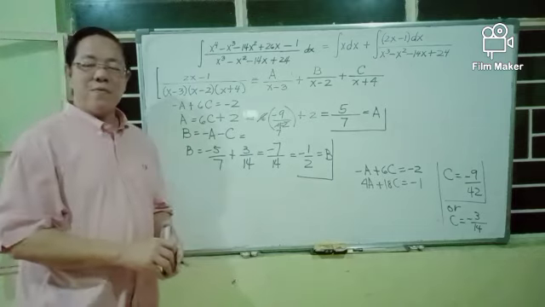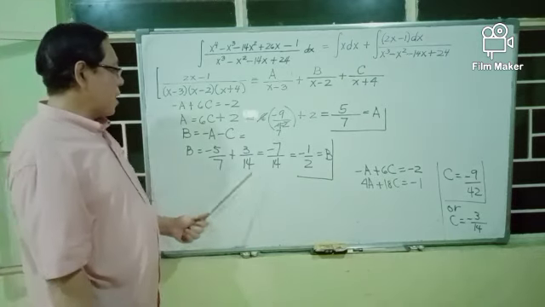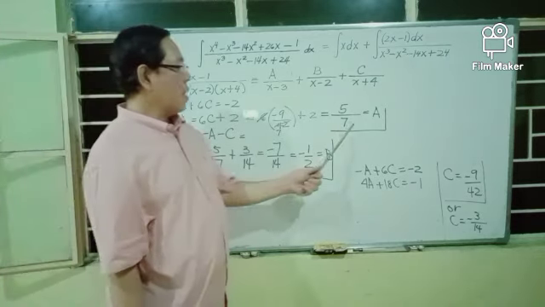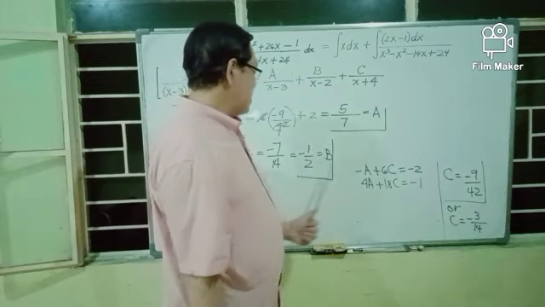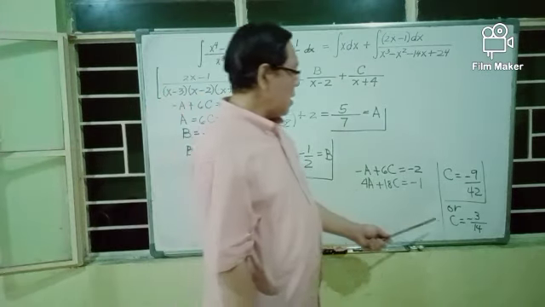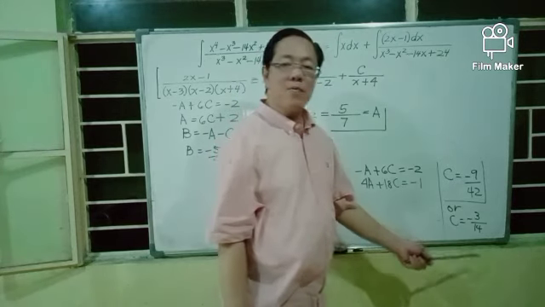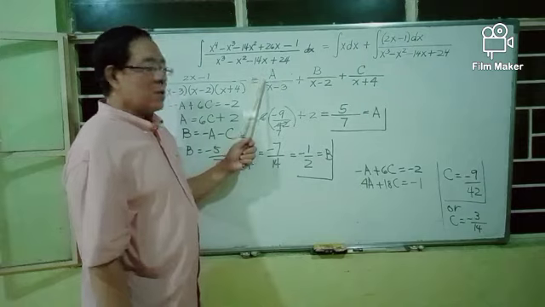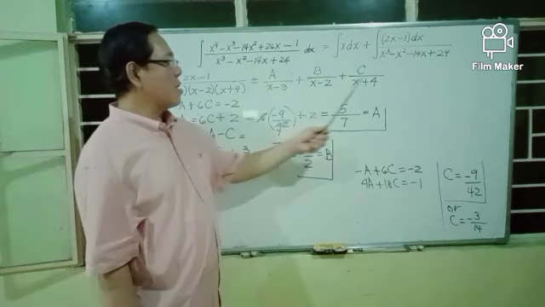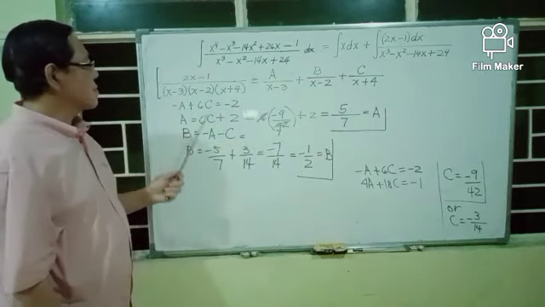We now have found the values of A, B, C. A is 5 over 7. B is negative 1/2. And I will use the value of C in lowest terms, negative 3 over 14. We substitute these values of A, B, C into this equation.